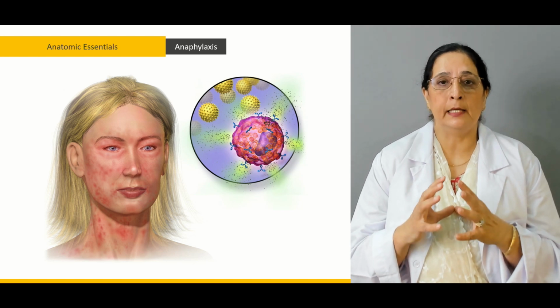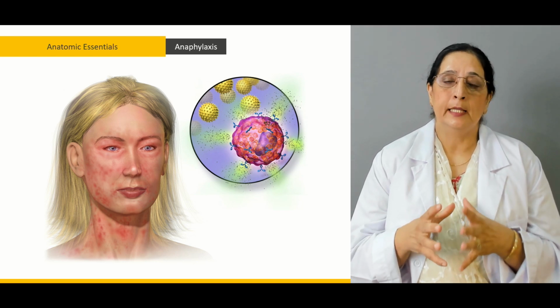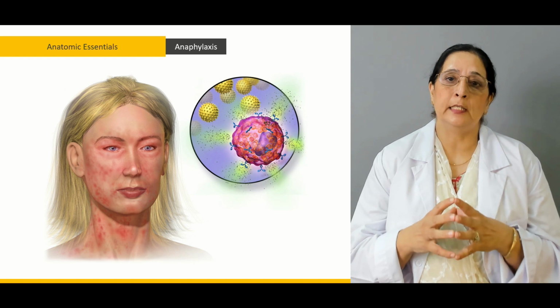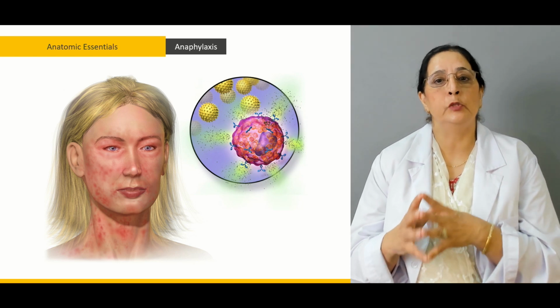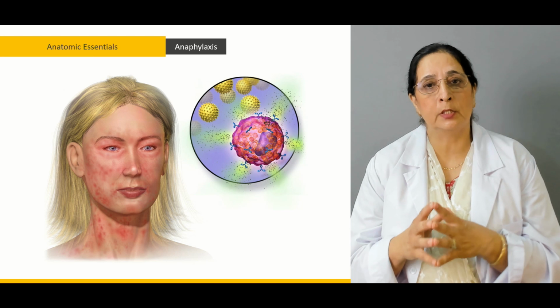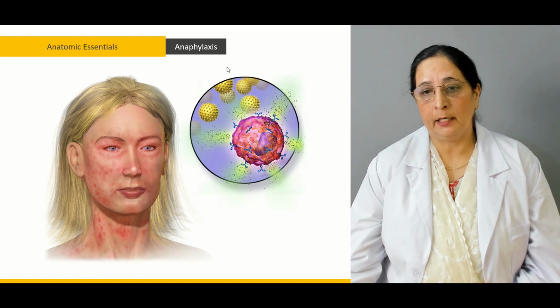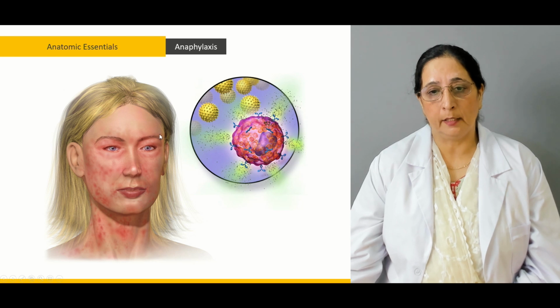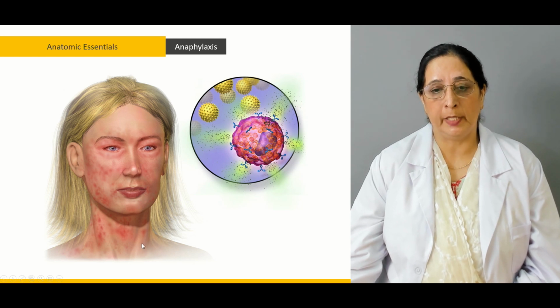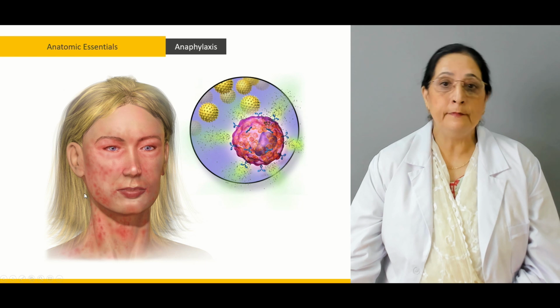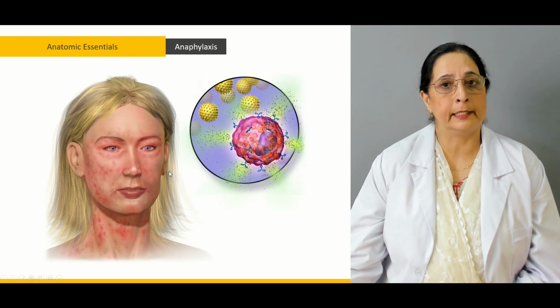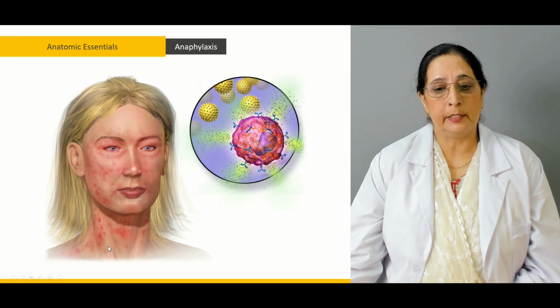So in an anaphylactic reaction, the first exposure is important, so the patient needs to be sensitized to those allergens or antigens. Here you see the picture showing the hives or urticaria as a result of the anaphylactic reaction or allergic reaction.